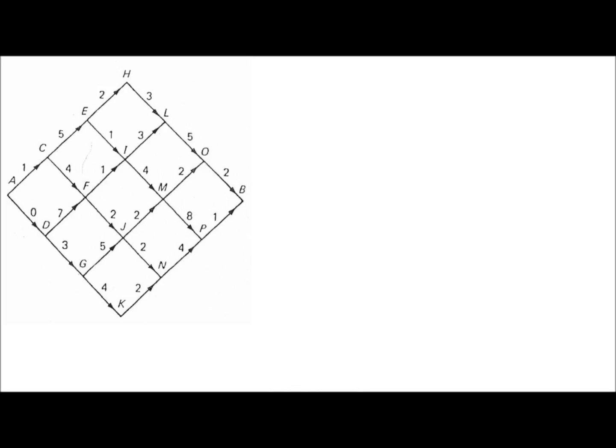Okay, and there's roughly 2 to the t possible paths, where t is the number of vertical lines here.